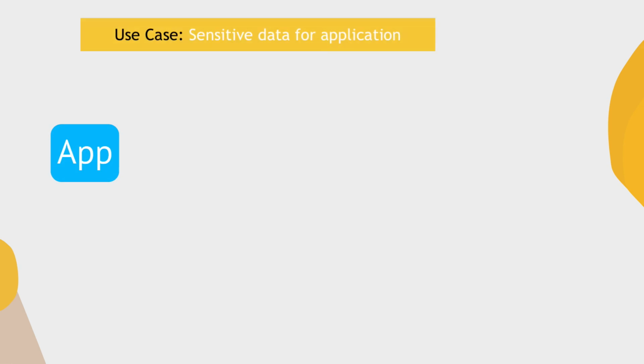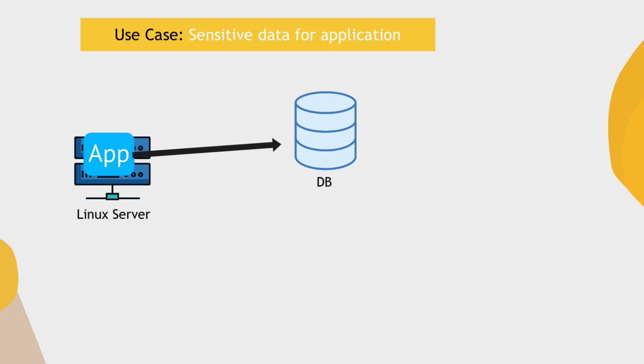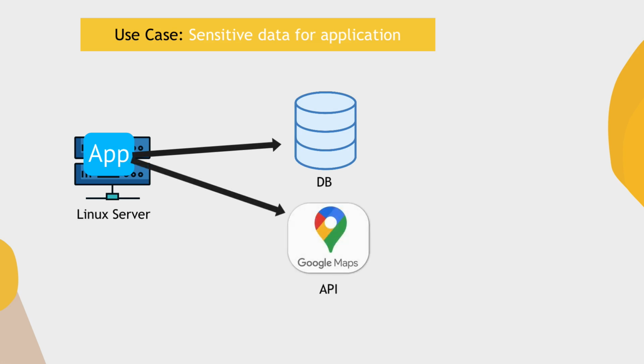Consider a program we want to run on an operating system. Let's say I want to run a Java application or a Python application on a Linux server with my user. And that application needs to connect to a database or an external API like Google Maps, for example. Such external services, like external databases, APIs, whatever, they usually need some kind of authentication so that not everybody can connect to it.